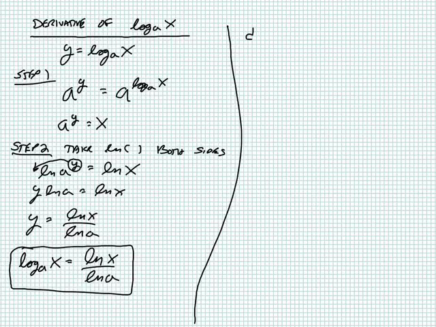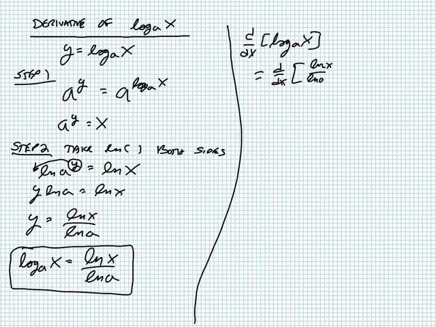If I want to find the derivative of log-based a of x, the first thing I'm going to do is use this rule, that log-based of anything is the natural log of that thing over the natural log of the base. So I'm going to go back up here and rewrite this as the derivative of the natural log of x over the natural log of a.